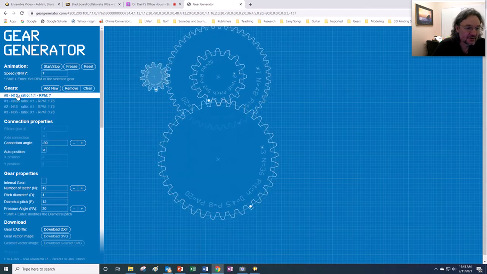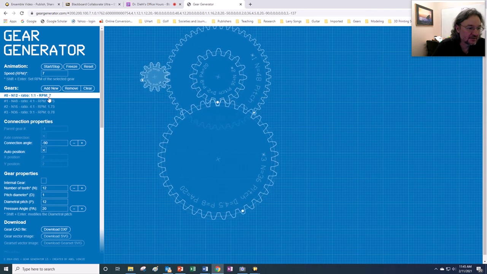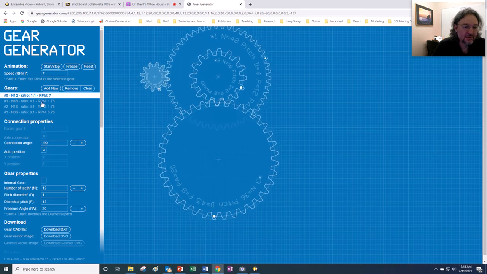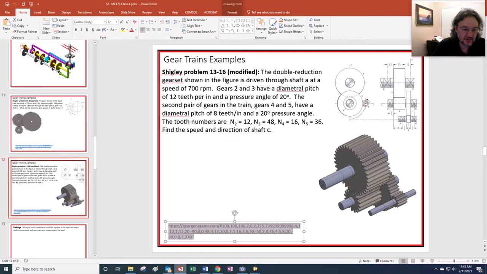Sure. So here's the ratio of RPM of 7. So instead of 700, 7. And we have gear teeth of 12. Is that the same as the problem? The problem said we had 12, 48, 16, and 36.